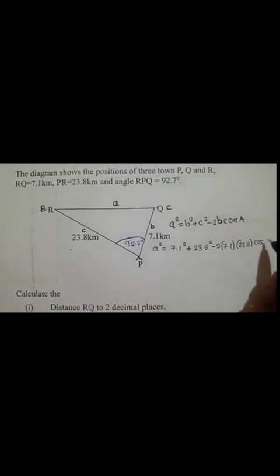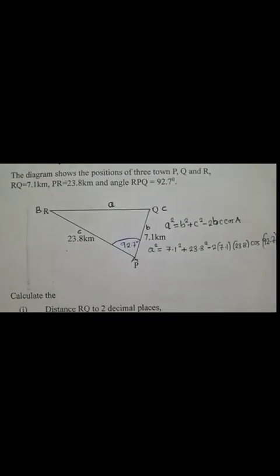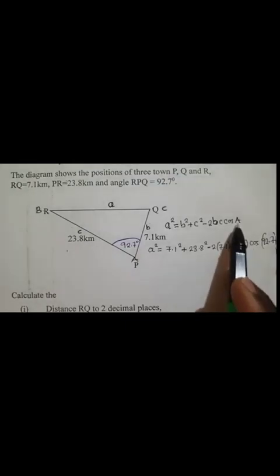So what is our angle? It's 92.7 degrees. So we say cos 92.7 degrees. So how do we get to know that this is an angle? Remember, capital letters represent what?